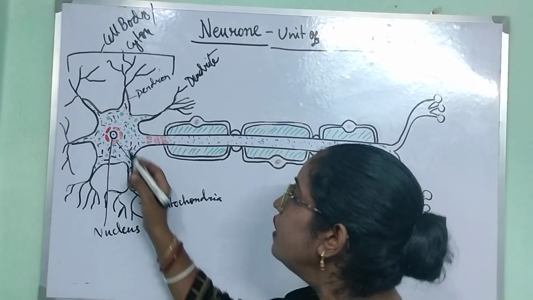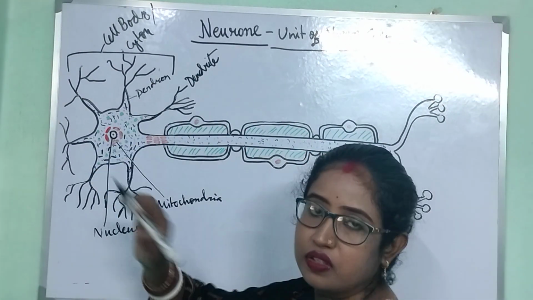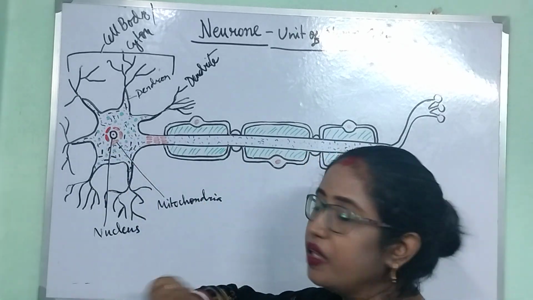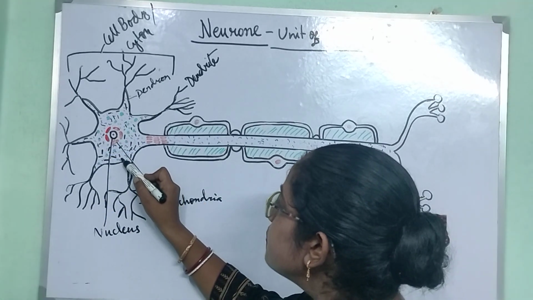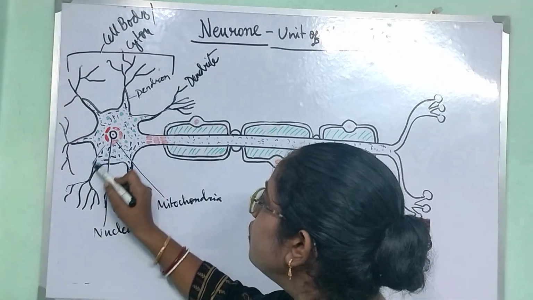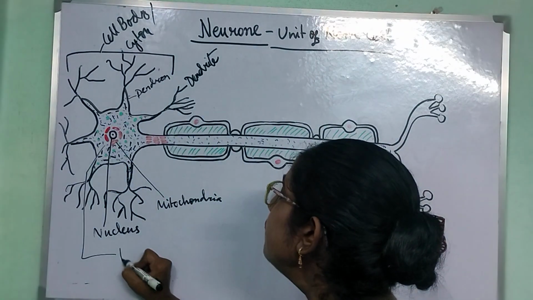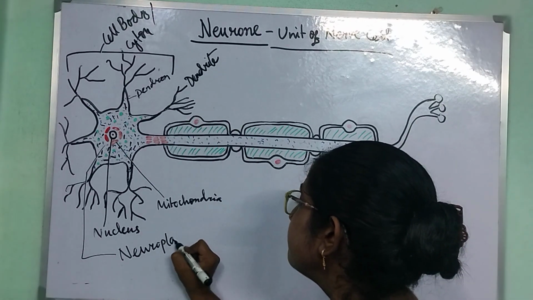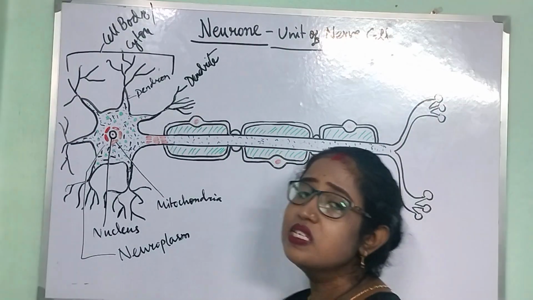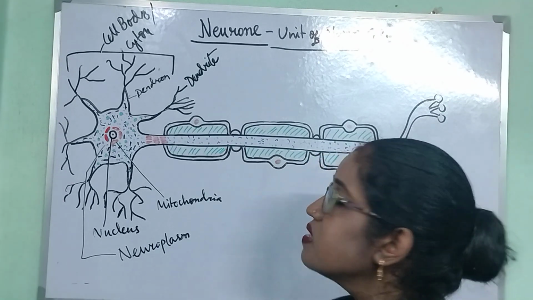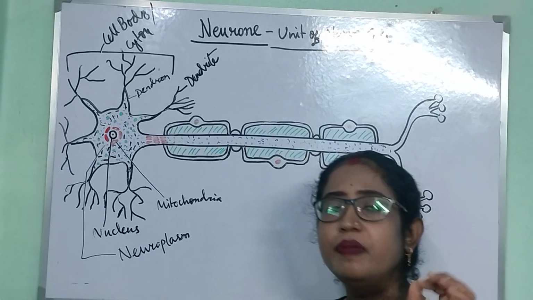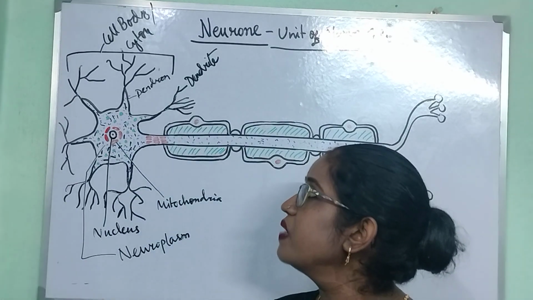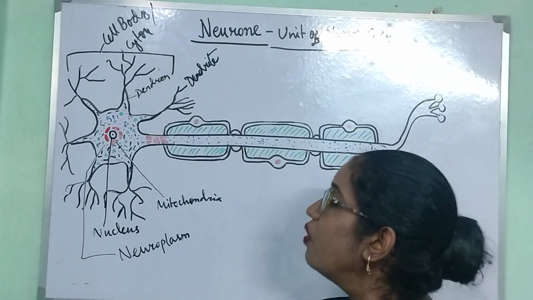Then it has the cytoplasm in it. I showed cytoplasm in the blue ink. The cytoplasm present in the cell body is known as neuroplasm. Then it has big dot-like or granule-like structures present in the cell body.